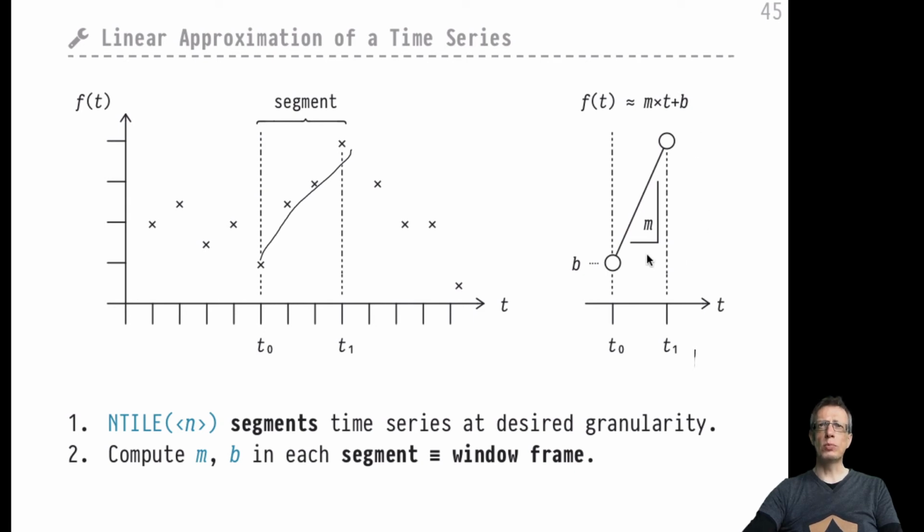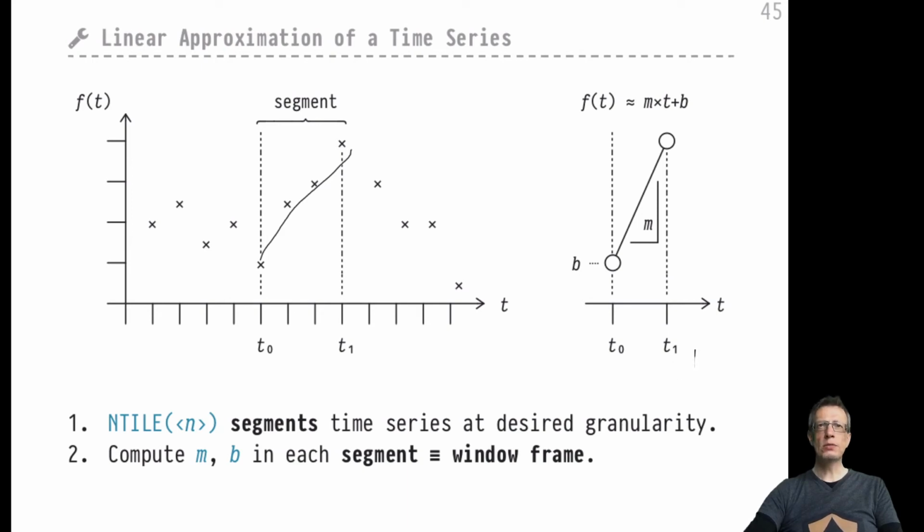So there would be this base value b and then this incline m that I would compute just simply from these f values and the timestamps, and these b and m values, these very compact two values, would be the representation of the entire time series in the range between t0 and t1, between these two timestamps.